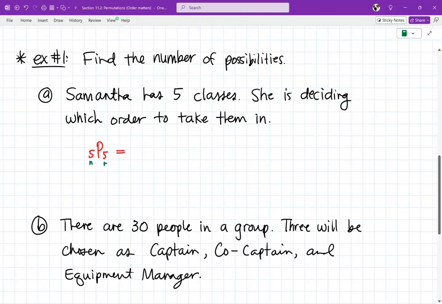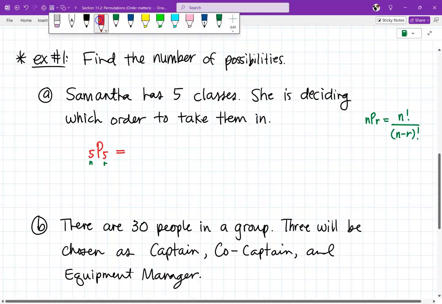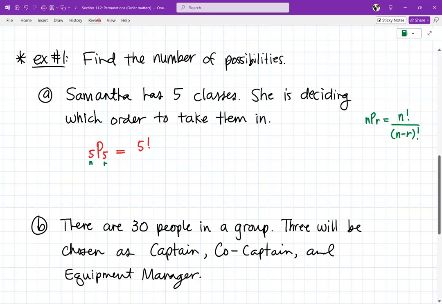According to the definition, I'll write it over here on the side: nPr is n factorial over n minus r factorial. This problem is supposed to look like this: 5 factorial over 5 minus 5 factorial, which is 5 factorial over 0 factorial. What's 0 factorial? Do it. What does it give you? A 1.